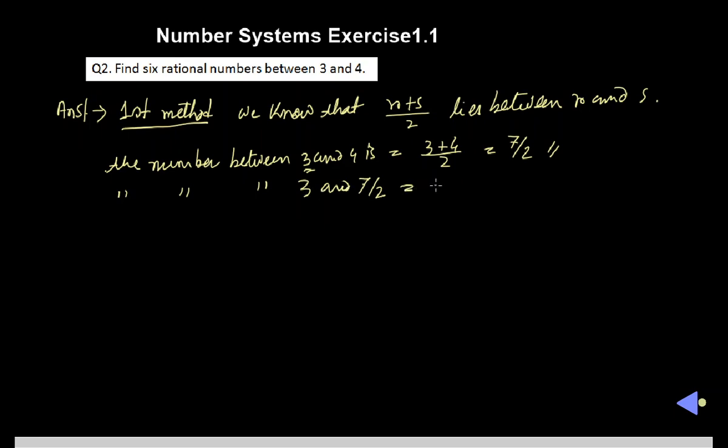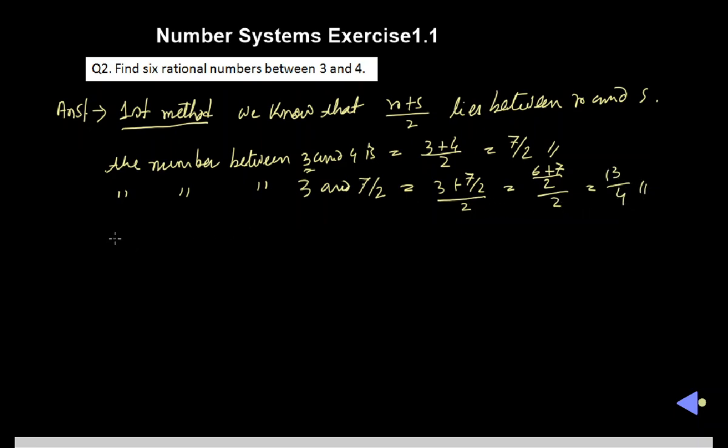We add them, 3 plus 7 by 2, divided by 2. Here we have 2 as the LCM. So it is 3 times 2, which is 6, plus 7, over 2 times 2. That means 13 by 4. That is our second term.